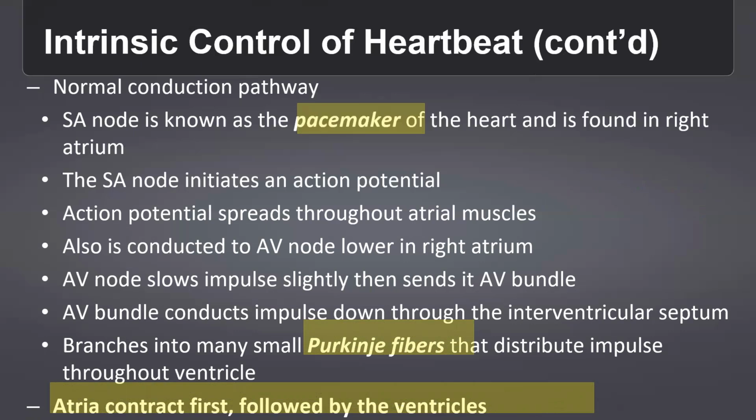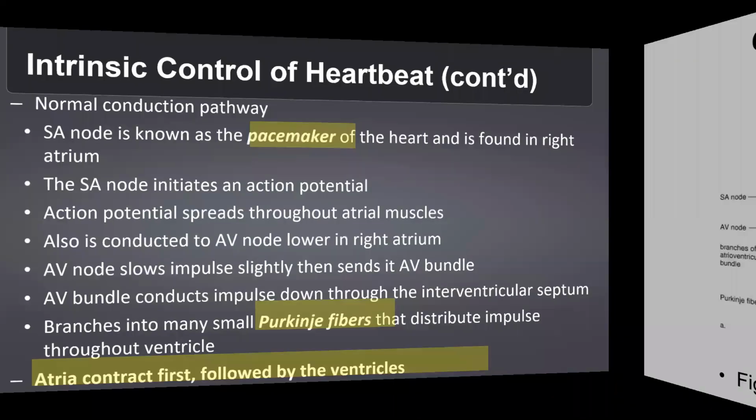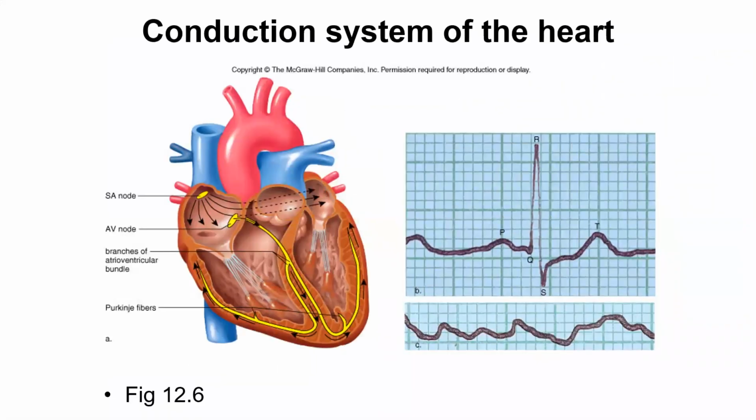So it says atria contract first, followed by the ventricles. So what does that look like here?